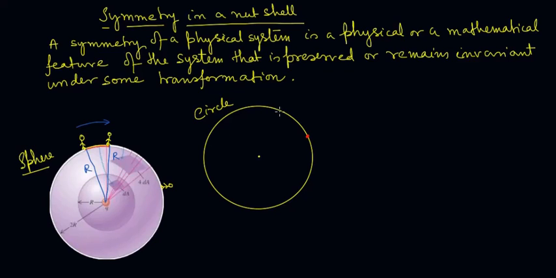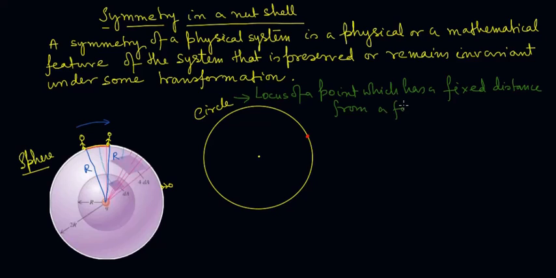Circle is what? Circle is a locus of a point. The definition of the circle is the locus of a point which has a fixed distance from a fixed point.